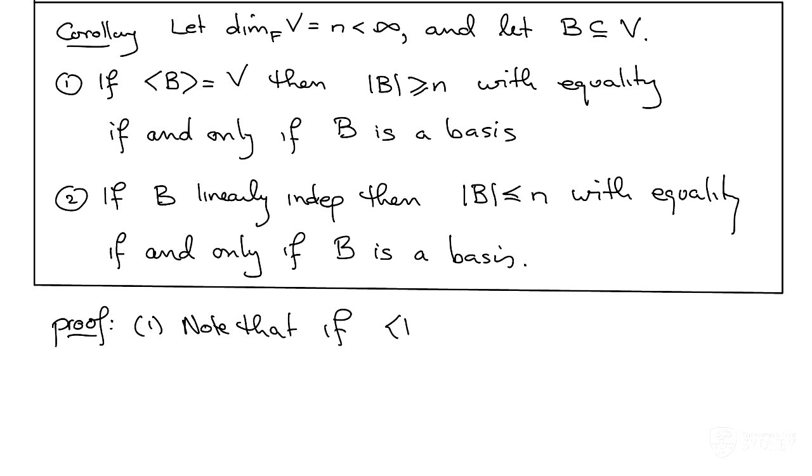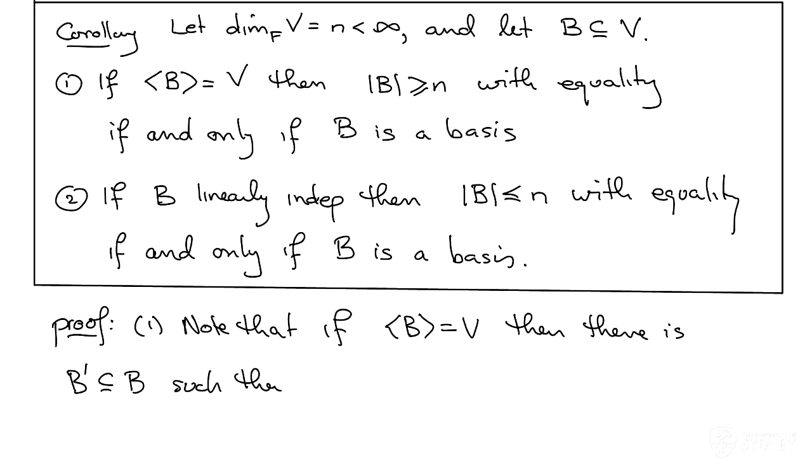I think we'll note that if B spans V, then there is a subset B prime such that B prime is a basis. Why is that? For that, I'm thinking of the minimal spanning set characterization. If B spans V, then if I can remove anything, I do it, and I just keep removing. If it still spans, I eventually get to a minimal spanning set, hence a basis.